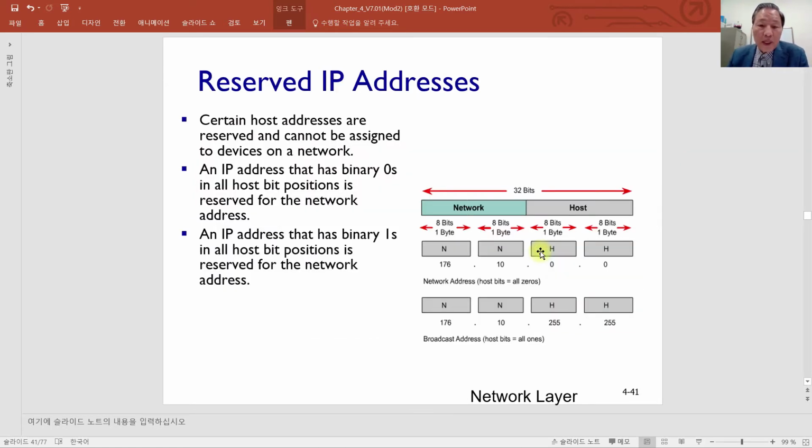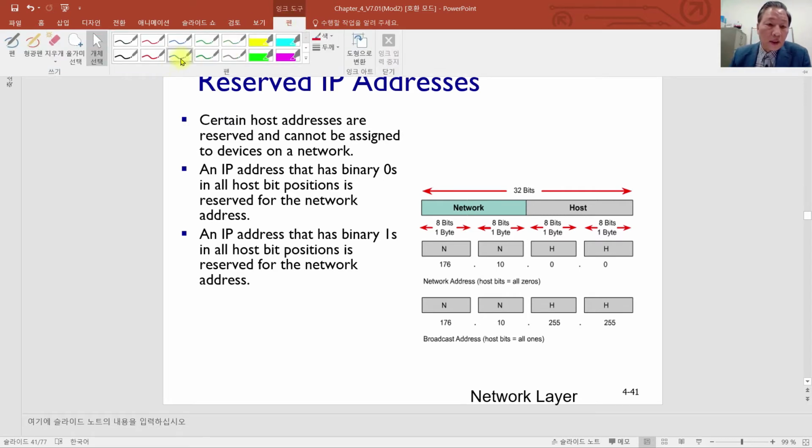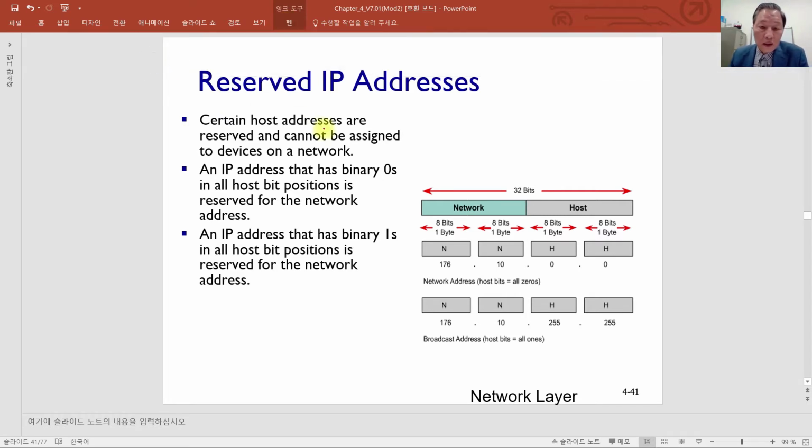Some IP addresses are reserved for special purposes. Let's look at this one. Certain host addresses are reserved and cannot be assigned to devices on a network. An IP address that has binary zeros in all host bit positions is reserved for the network address. I showed you already.